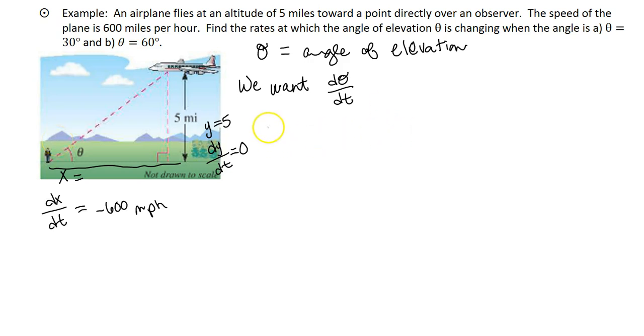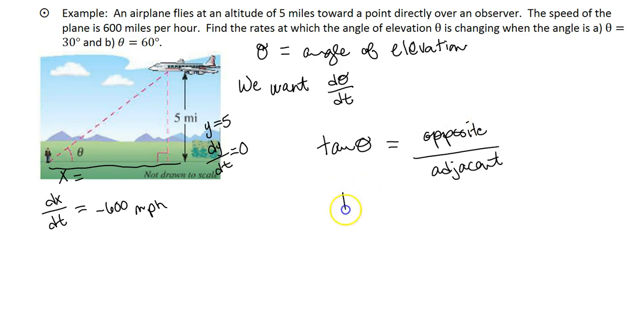So that tells me that I can use the tangent, because tangent of theta is equal to the opposite over the adjacent side, which is part of our SOHCAHTOA rules, and that tells me that tangent of theta is equal to y over x, because those are the variables I've assigned.